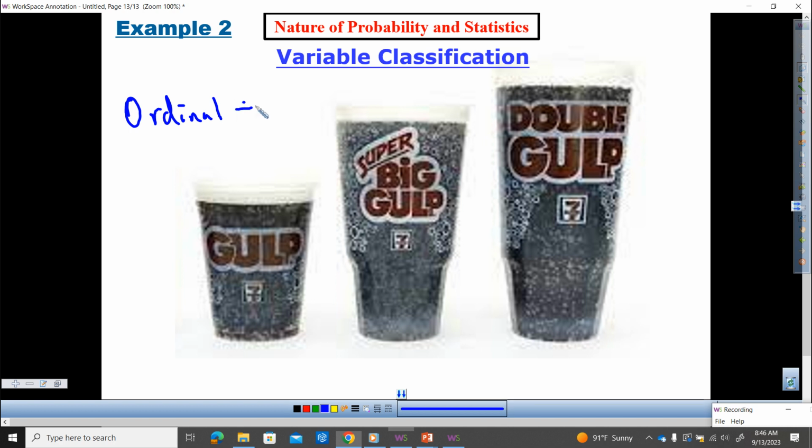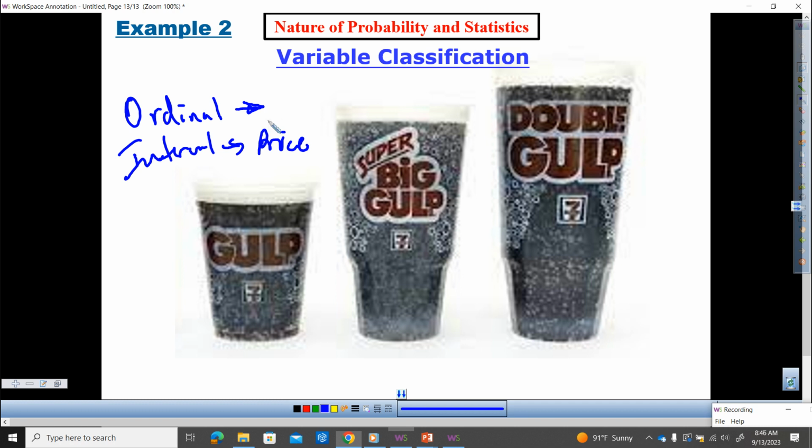Why did you go with ordinal, Priscilla? Small to big. Okay. With no greater value, you just ordinalize. Who said nominal? How about interval? Why interval, Alex? Okay, so interval because of price.